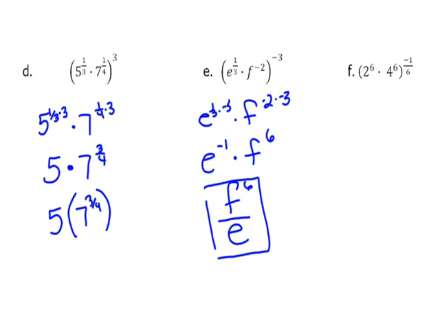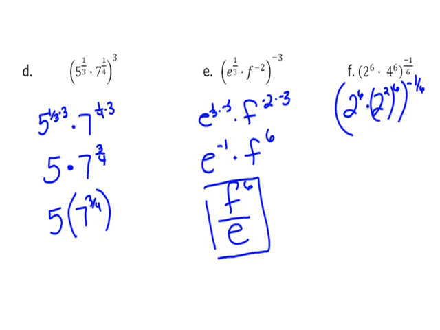All right, looking at this, 2 to the 6 and 4 to the 6, those are not like terms because they don't have the same base, but I can write 4 in terms of 2. So I've got 2 to the 6. 4 is 2 squared, and then that is raised to the 6th power. And then it's all of that to the -1/6.